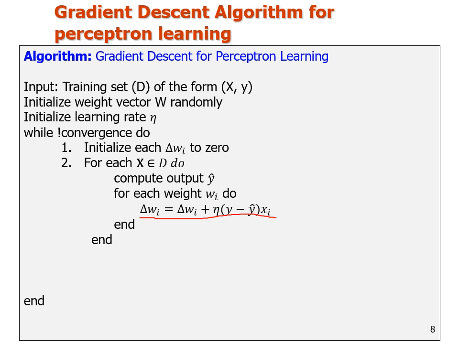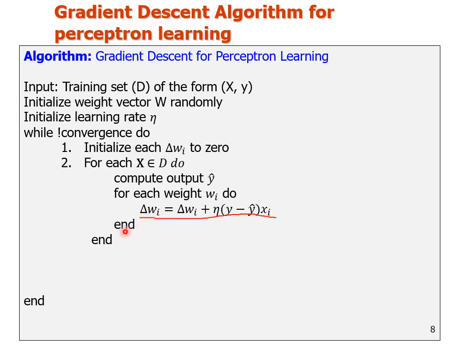Now with these computed delta wi values, we are going to pick the next sample from the training data set, and once again we repeat this process, computing the delta wi values for this input sample.